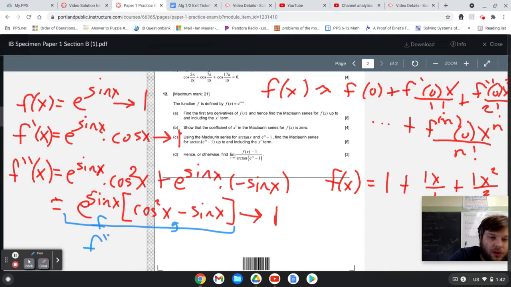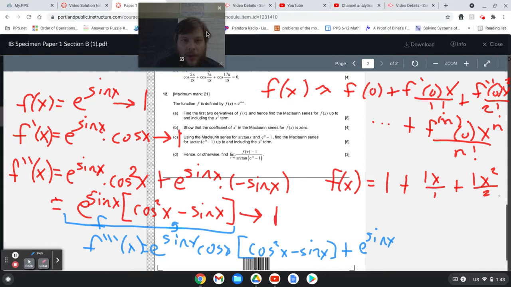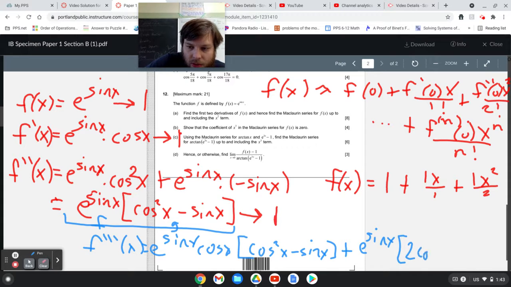So the third derivative is going to be e to the sine x times cosine x times the whole brackets, cosine squared x minus sine x, plus the initial part times the derivative of the brackets, which would be 2 cosine x times negative sine x minus cosine of x. Okay, all of that nice stuff.